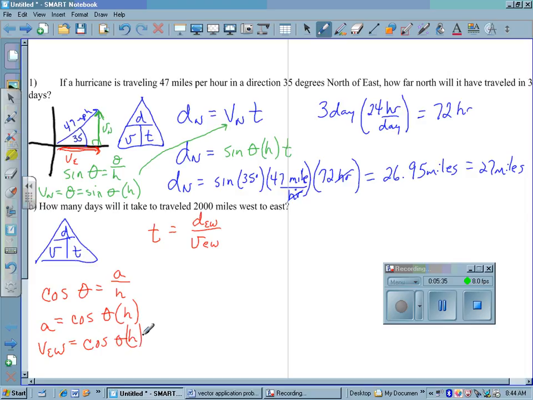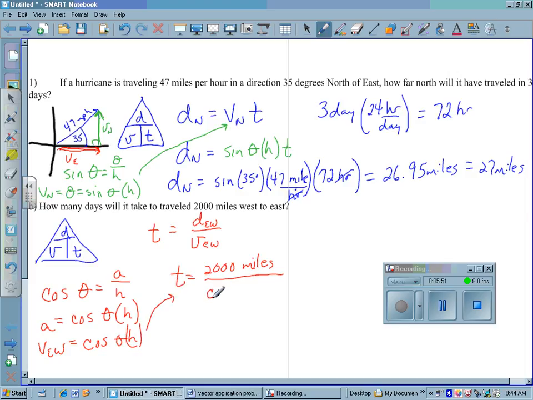Okay, so let's fill all that in now. I'm going to take t equals 2,000 miles and divide that by, once again, I'm going to fill this part in up here for the velocity.